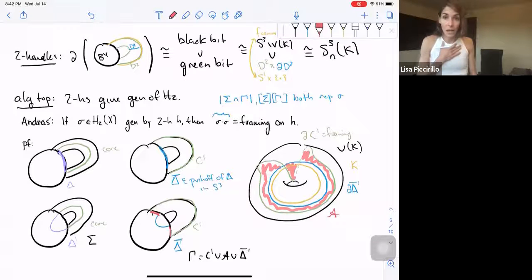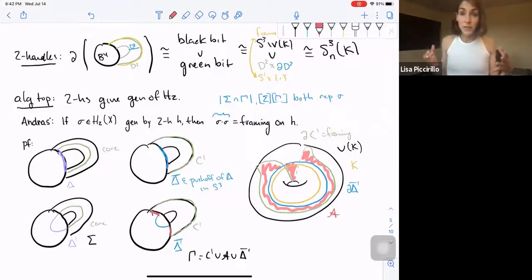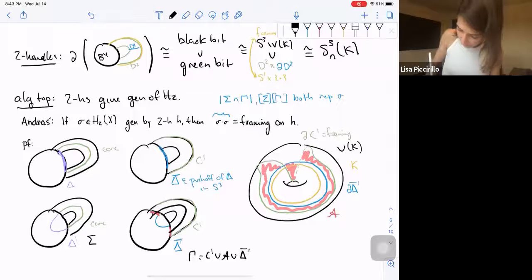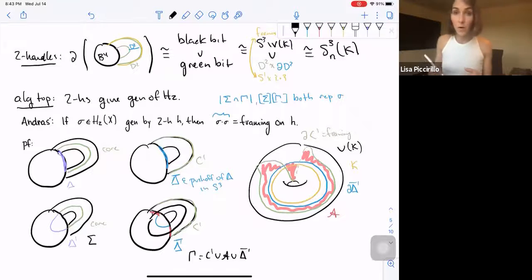Okay. So now if I want to compute the self-intersection of this homology class, all I have to do is take my surface sigma and my surface gamma and intersect them. So let's draw sigma in this bottom picture here. I claim it's just this guy, a copy of the core and a copy of this pushed in cabled surface.